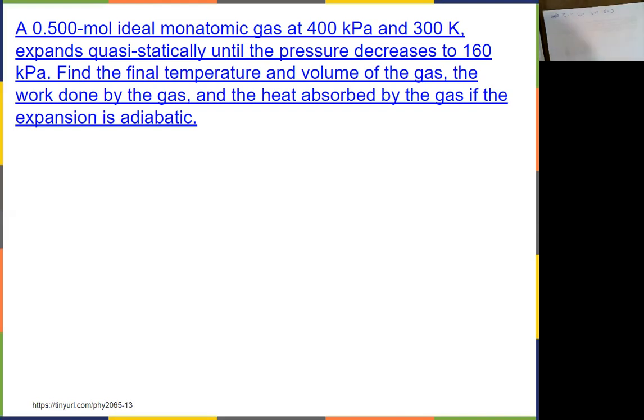Now let's take a look at how to figure out T2, V2, and then work. The givens are n equal to 0.5 mole, P initial is 400 times 10 to the third Pascal, T1 is 300 K, and P2 is 160 times 10 to the third Pa.